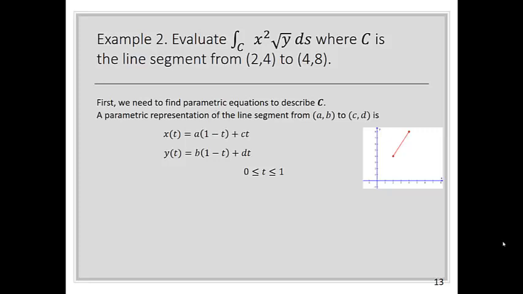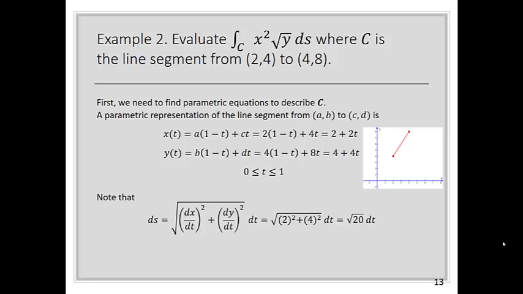And if you plug in t equals 1, you'll see that you end at the point (c, d). Okay, so in this case, since we're going from (2, 4) to (4, 8), x of t will be 2 times (1 minus t) plus 4t, which cleans up to 2 plus 2t. And y will be 4 times (1 minus t) plus 8t, which cleans up to 4 plus 4t.